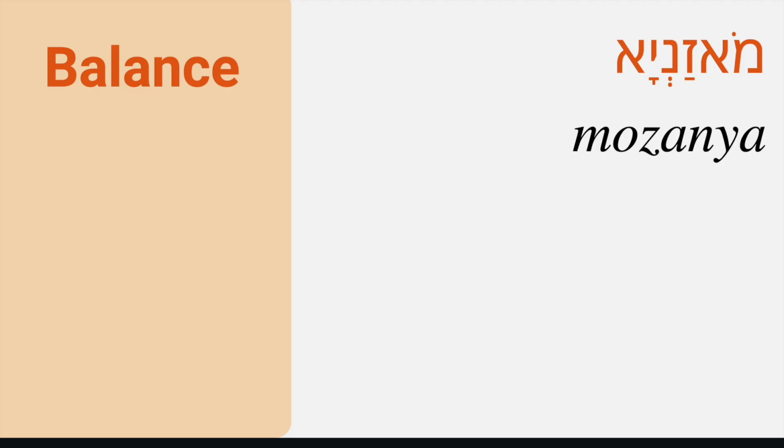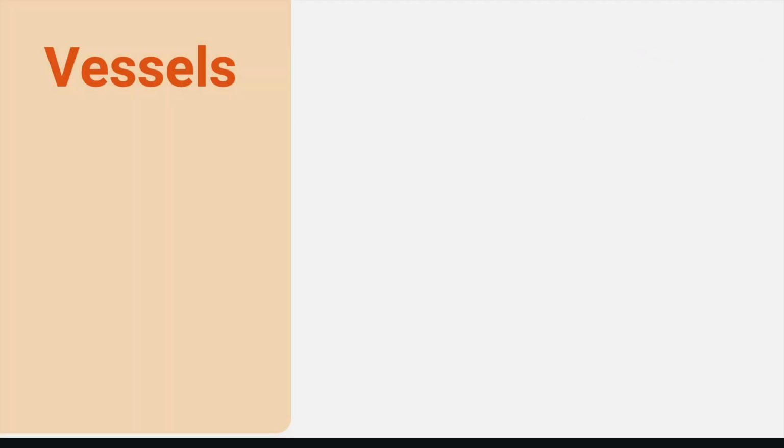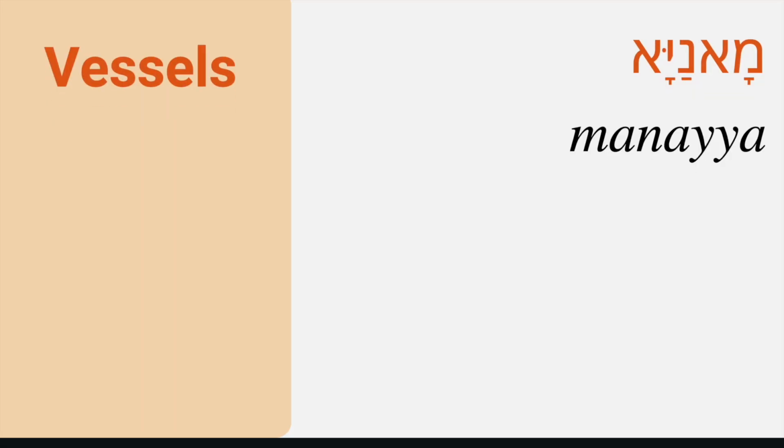So it's correct to say either balance or the balance, and it's only context that will indicate which is correct in any given instance. And the same thing is true with manaya. It can mean vessels or the vessels. And again, only context can tell you. But the final aleph is an aleph of determination.